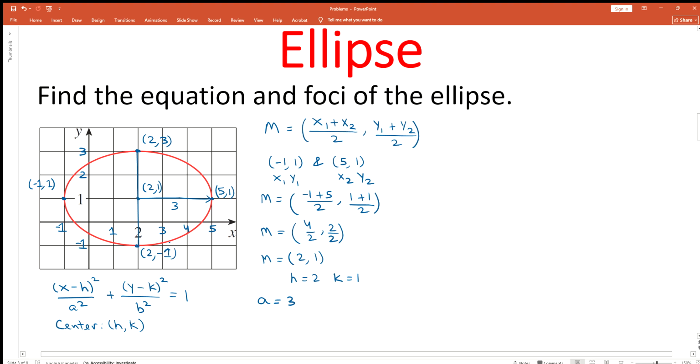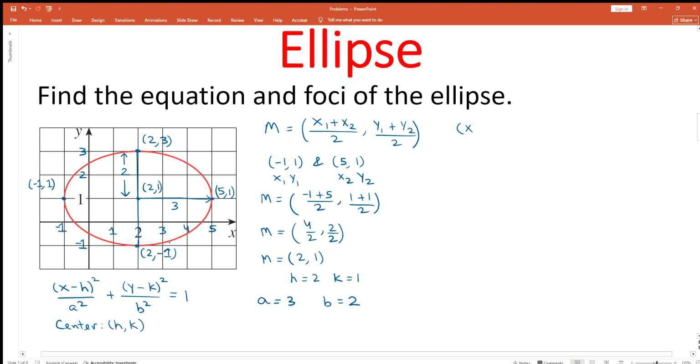The value of b is the distance between the center of the ellipse and either of the two co-vertices. We can see that the distance from the center to the co-vertex at the top is 2 units. Therefore, the value of b is equal to 2. We can use all of these values to write the equation of the ellipse.